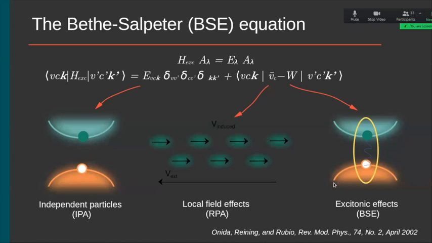So before going to the results, let me first detail the methodology that we have been using. We want to describe excitons, so the state-of-the-art technique to do this is the Bethe-Salpeter equation that we can express as an eigenvalue problem, where we can diagonalize this Hamiltonian and obtain the eigenvectors and the eigenvalues.